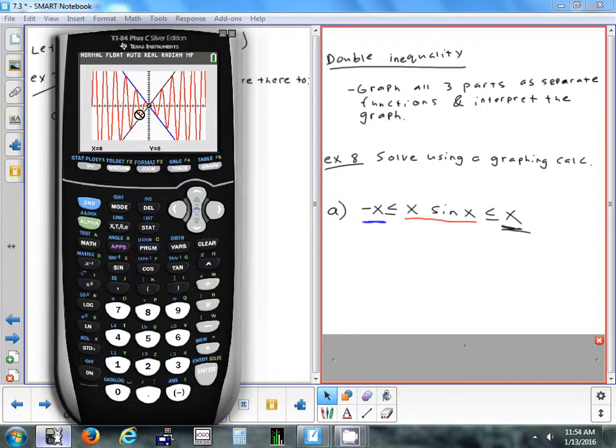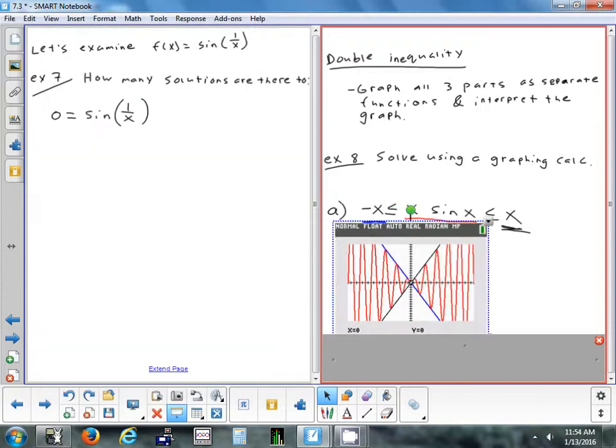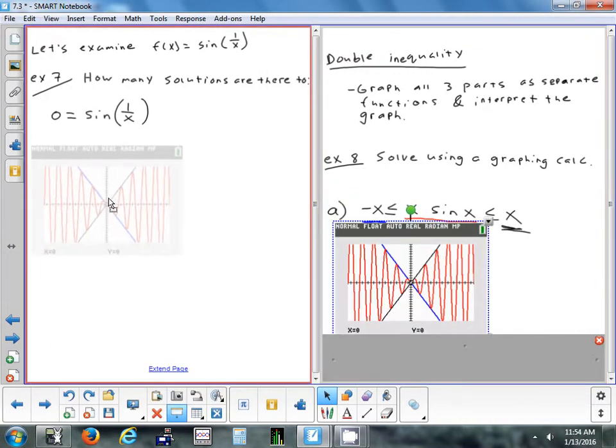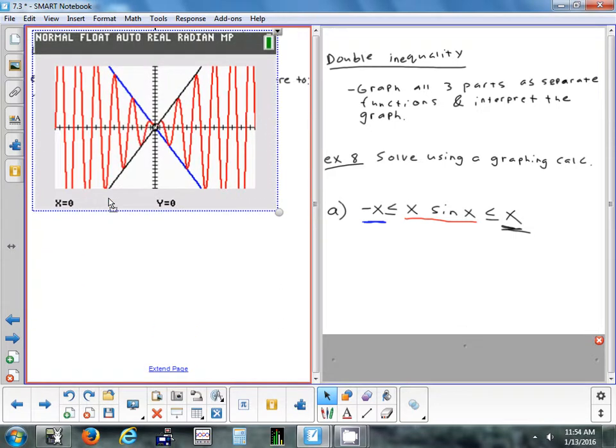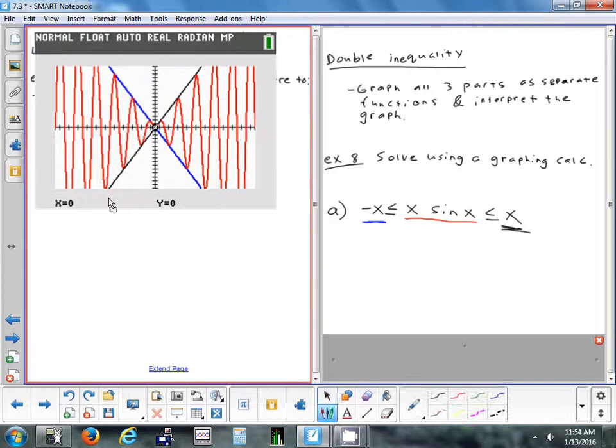All right, so let's look at that. So where is the graph in red above the graph in blue and below the graph in black? Never. The right side.